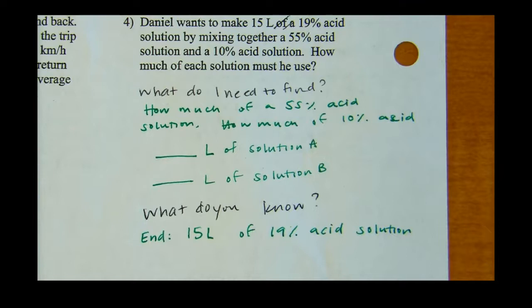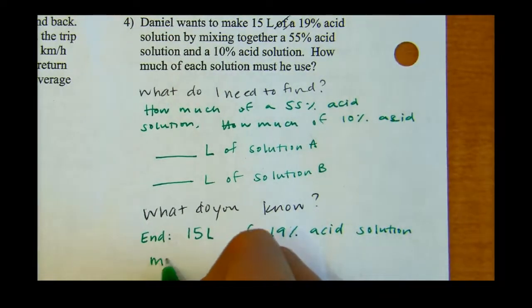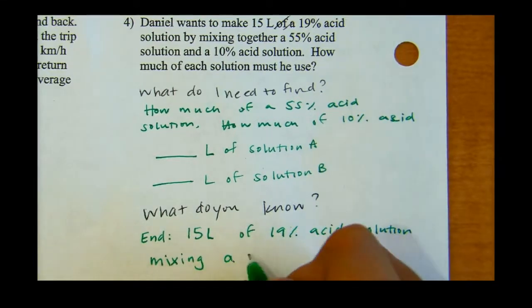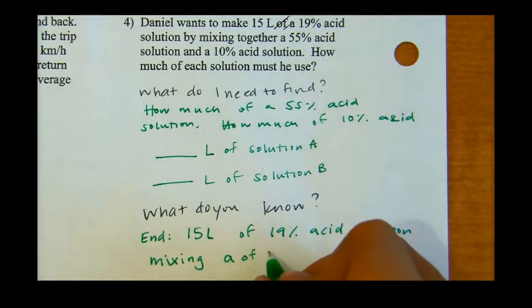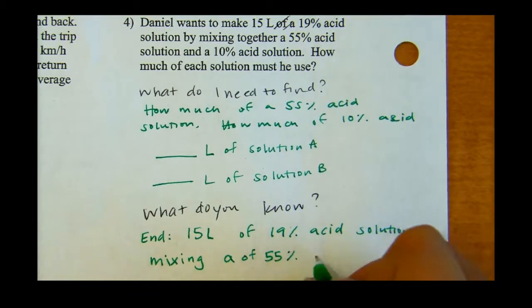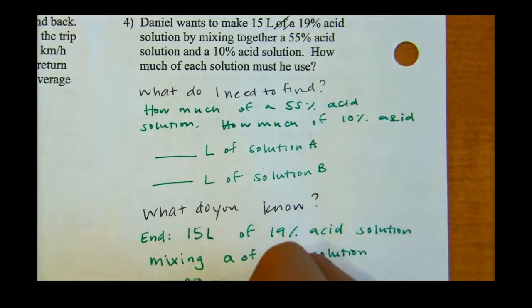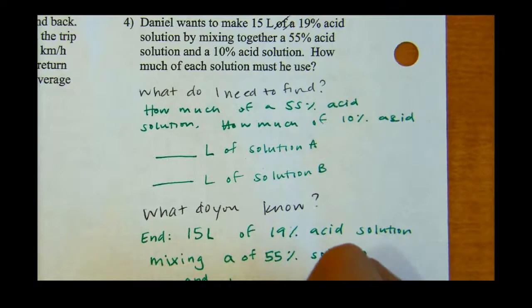You also know that you've got two different solutions and you're mixing them together. So I'm mixing, we'll label it, A amount of a 55% solution and B amount of a 10% solution.